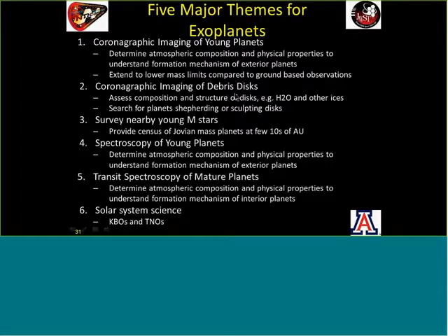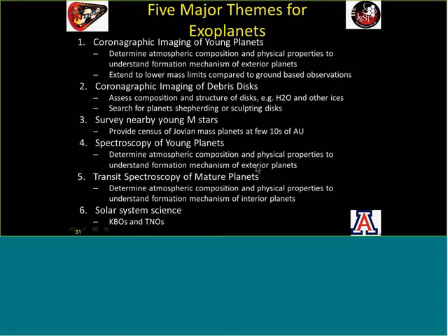There's a program of coronagraphic imaging of debris disks, and here we like to see if there's evidence for ices, and obviously evidence for shepherding or sculpting planets. We have a survey of young M stars to look for planets at or beyond the CO ice line.